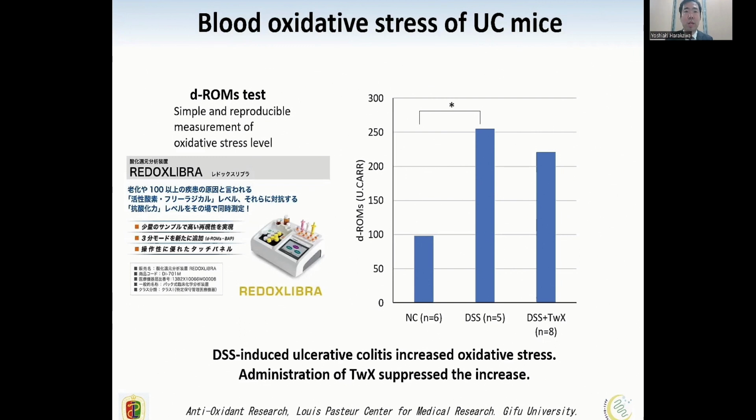But by measuring hydroperoxide, a metabolite produced when oxidized, oxidative stress can be measured in vivo with high stability and reproducibility. The value in normal mice is about 100 units, but when ulcerative colitis is induced by DSS, the value increased 2.5-fold. The 20X treated group suppressed the increase in oxidative stress.